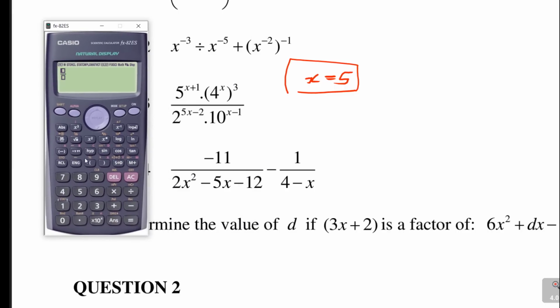So you can come here and say 5 to the power of, remember we said x is 5. So 5 to the power of 5 plus 1, play forward, times, bracket, 4 to the power of what? X is 5. Close that bracket. Be careful how you do this. See how I'm doing it. Exactly as the calculator, please. If you make errors, that's going to be a problem if you don't know how to use the calculator.